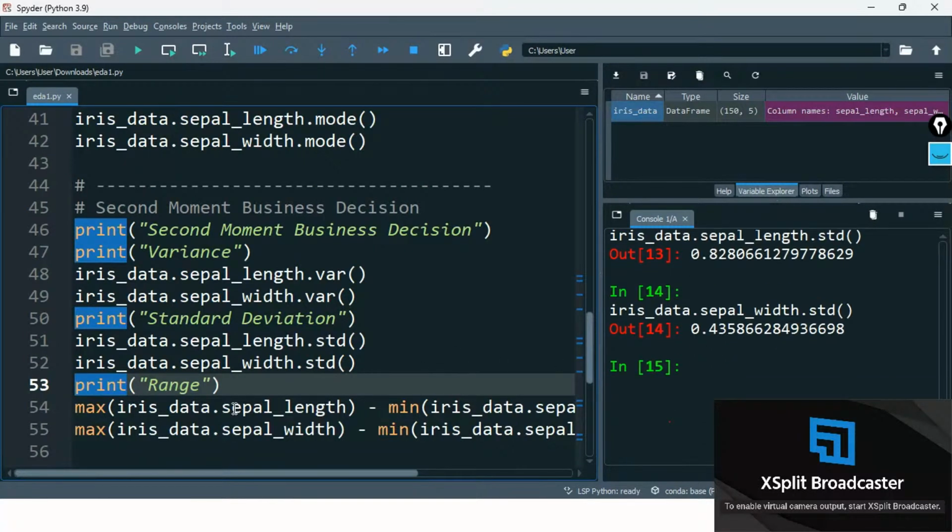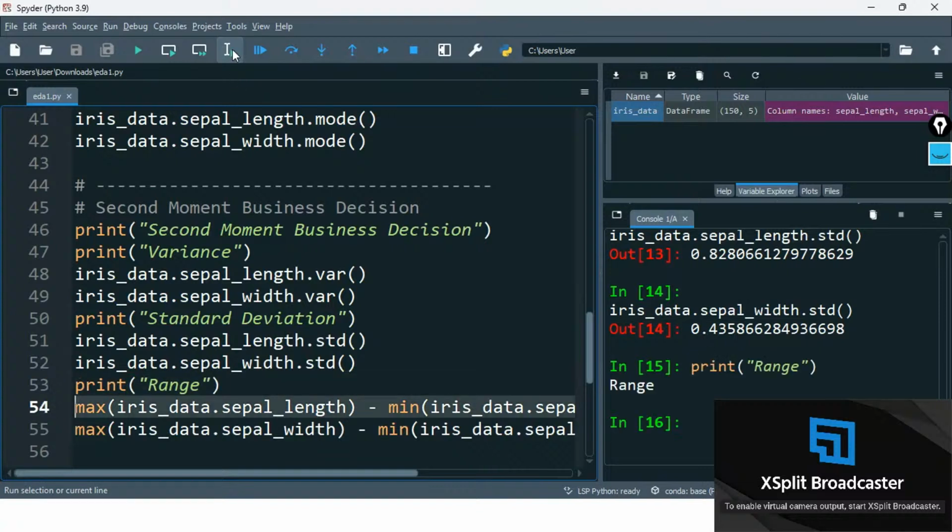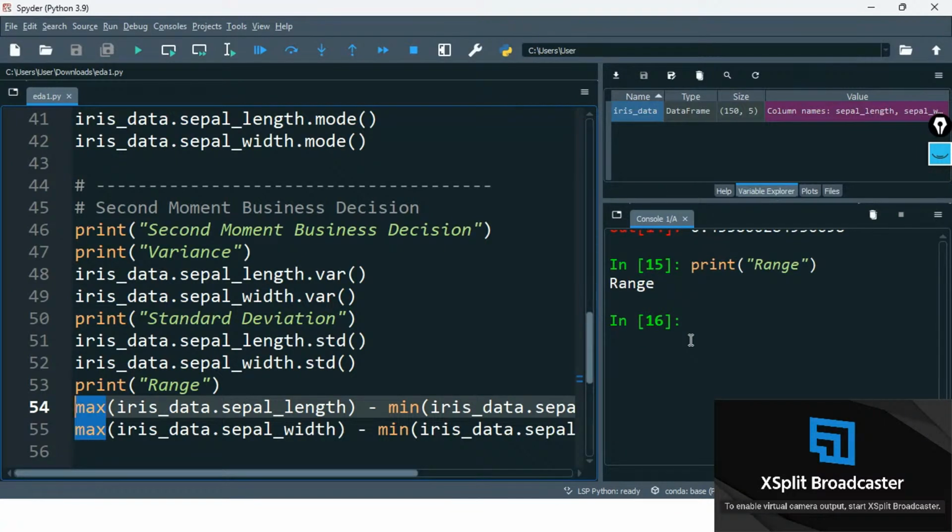Now let us go and calculate range of each and every column. I'm printing range to the console using print function. In order to calculate range of any data, there is no inbuilt function.